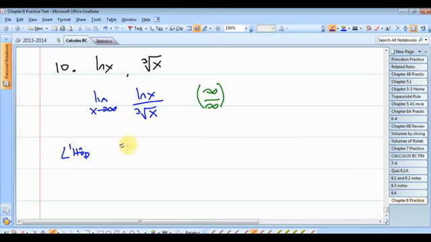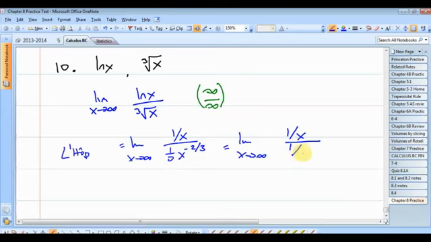We get the limit as x approaches infinity of 1 over x, over the derivative of the cube root of x. The derivative of x to the 1/3 is 1/3 x to the negative 2/3, right? Let's simplify that. That's the limit as x approaches infinity of 1 over x over 1 over 3 times the cube root of x squared.